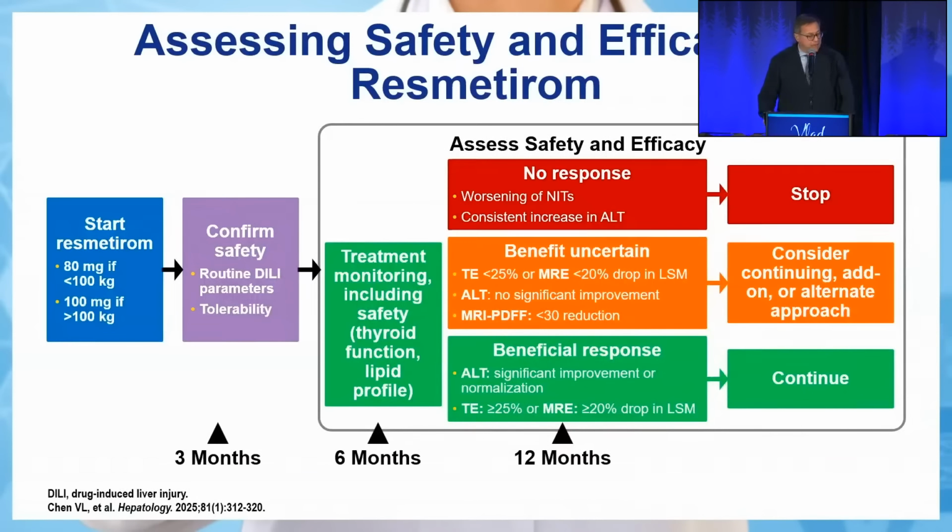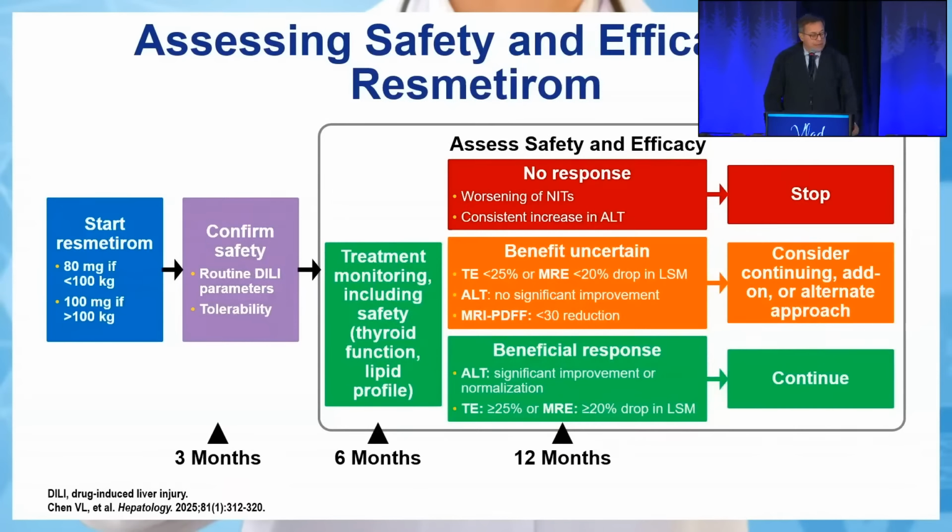What is being recommended by experts from the AASLD is that if you have a strong response, more than 25% on transient elastography liver stiffness measured by FibroScan, at least a 20% drop in liver stiffness as measured by MRE, or a strong reduction in ALT, we've seen this morning what strong reduction means, 30 to 40% from baseline levels, then probably you have a good response to the drug and you should continue.